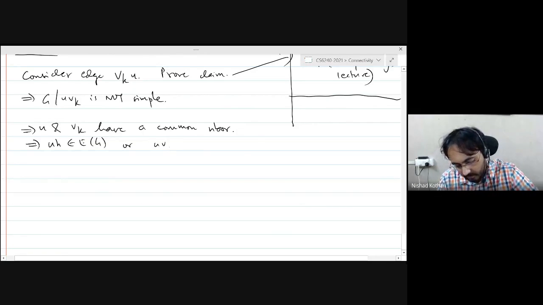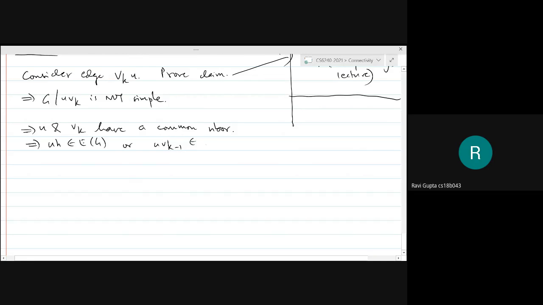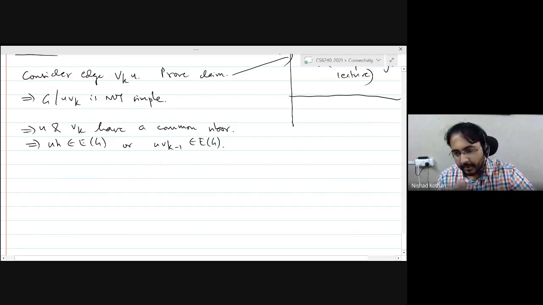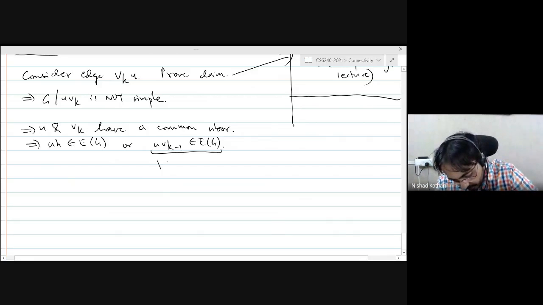We already know that k is at least 1, but when k is equal to 1, vk minus 1 will be v0. And in this case, u and v0 could be adjacent. But u cannot be adjacent to any of the other v1, v2, v3 because those are already cubic vertices, right? So this is possible if and only if k is equal to 1.